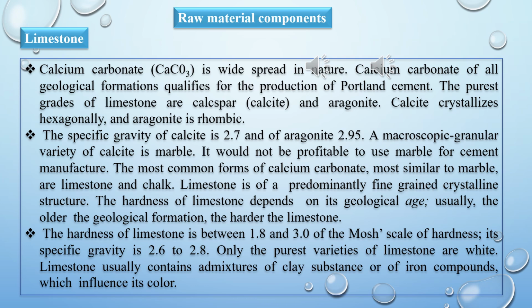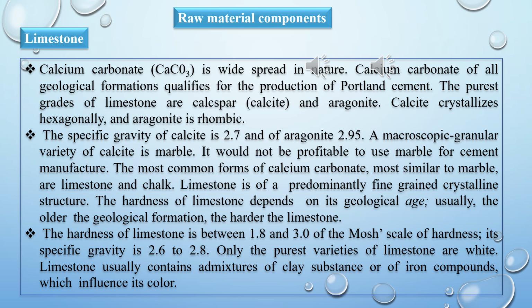Now, first of all, the limestone. Calcium carbonate, which is also known as limestone, is widely spread in nature. Calcium carbonate of all geological formations qualifies for the production of Portland cement.